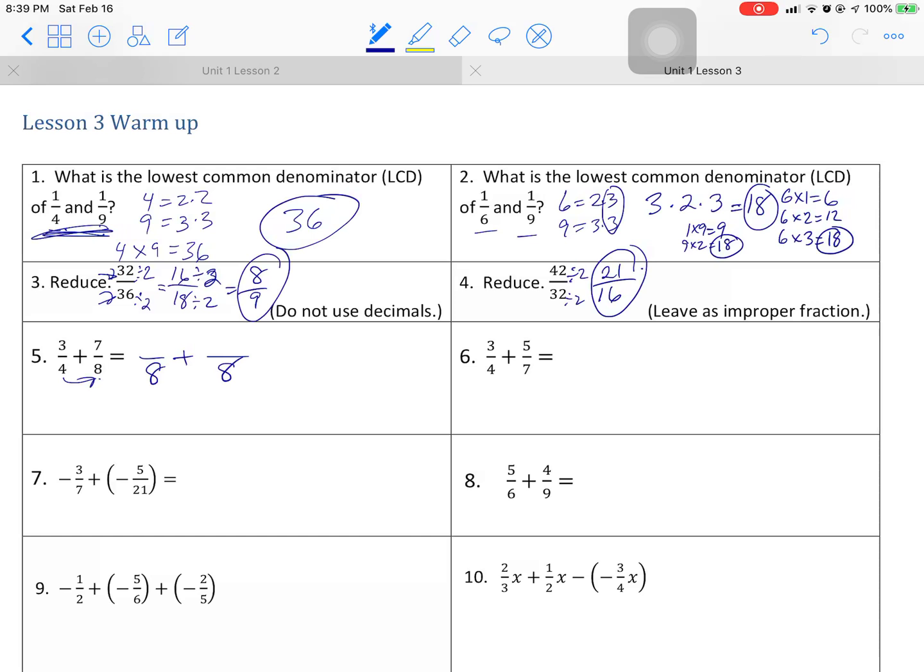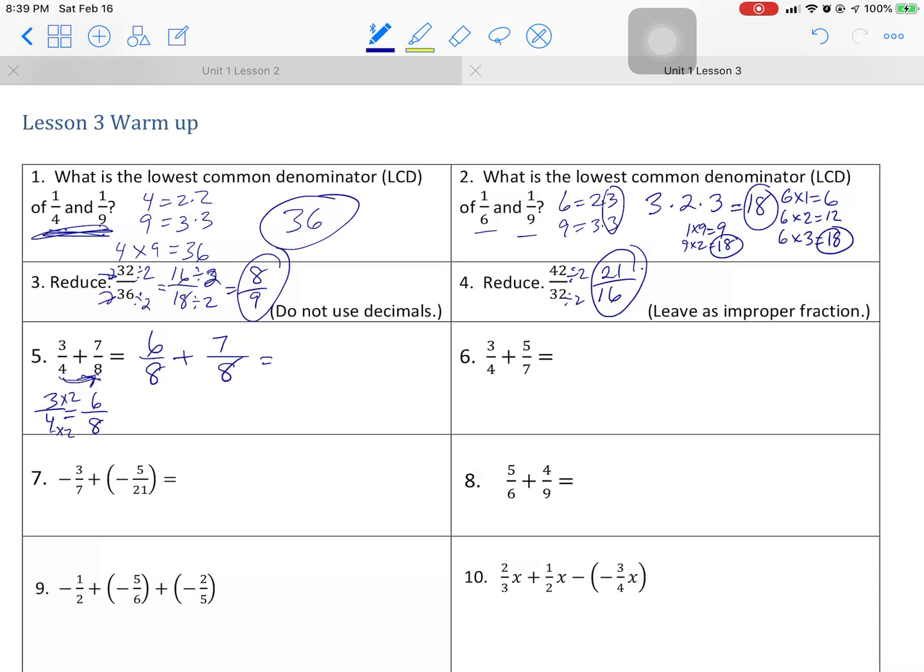If you have a large one and a small one, and the small one is a factor, you use the large one. Okay, is that a multiple of that? Yes, it is. So what I need is 3/4 as an equivalent fraction with something over 8. So 4 times 2 is 8. So 3 times 2 is 6. That's a 6. Okay. And then this one can stay the same. I didn't have to change that one.